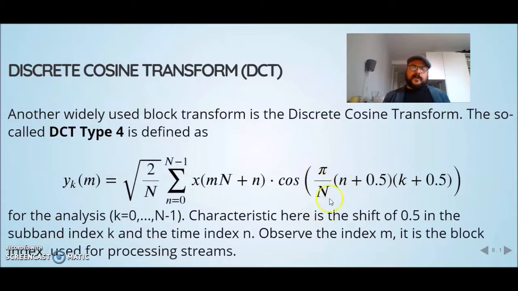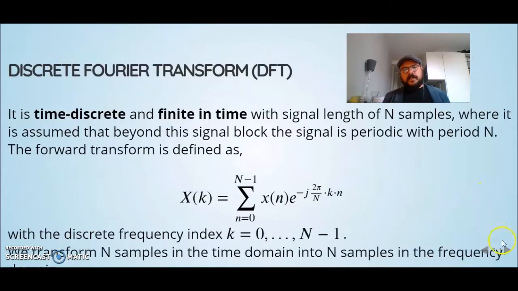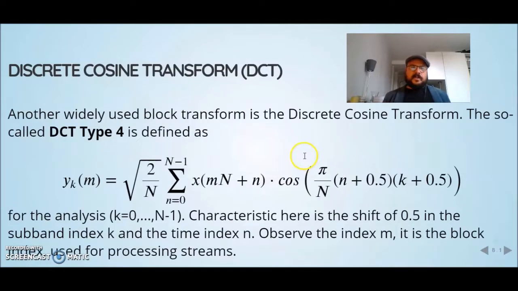We can see this factor here of pi over N, in contrast to a factor of 2 pi over N we've seen in the DFT. So this also will have some implications in terms of the properties of the DCT.